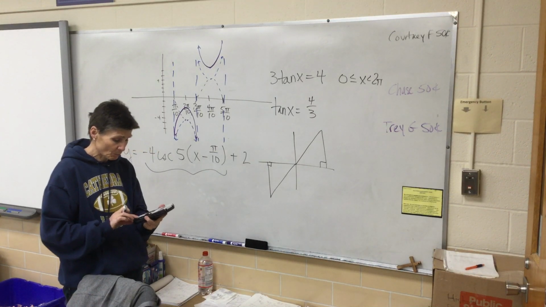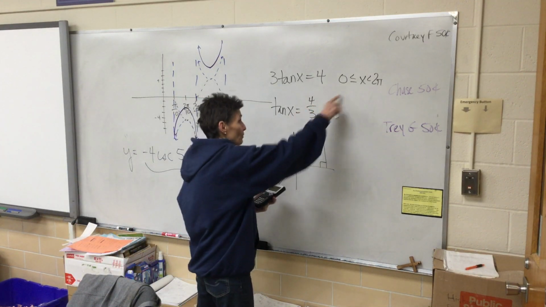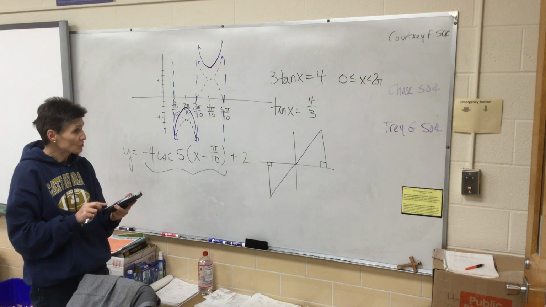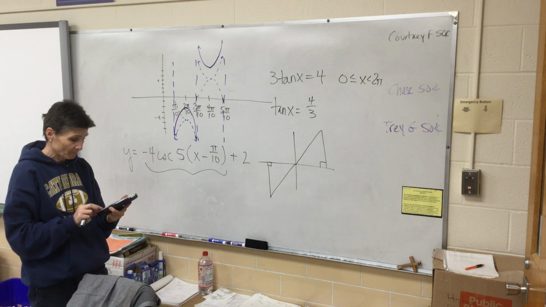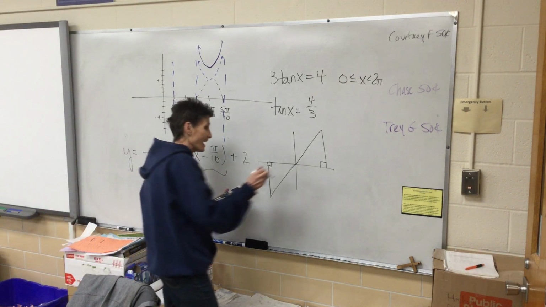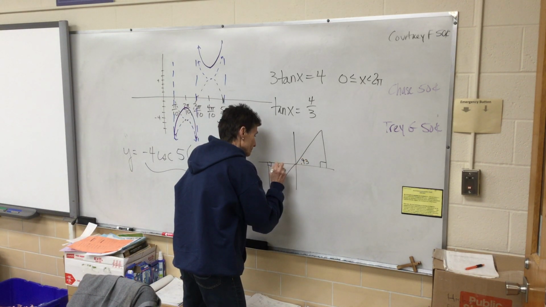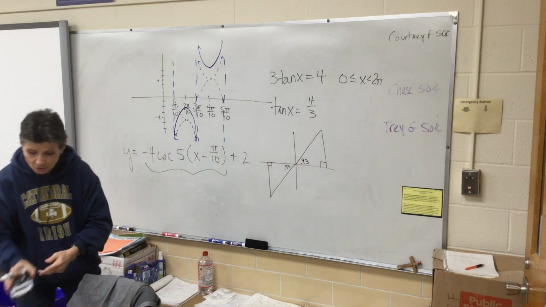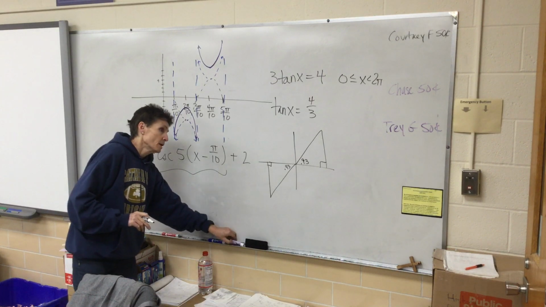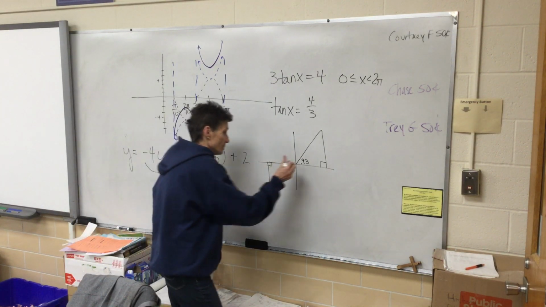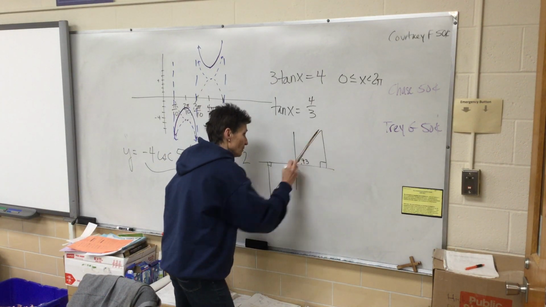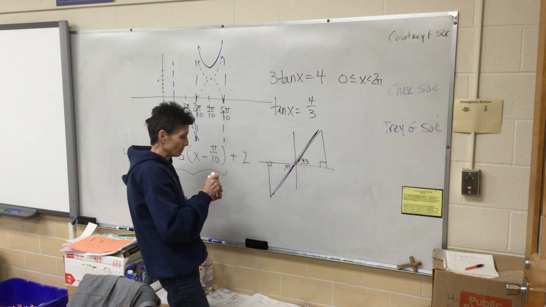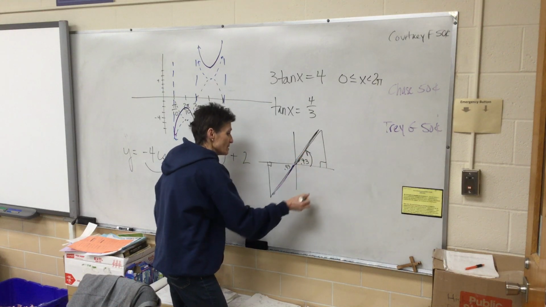So now I'm going to go to my calculator. I'm going to set myself in radian mode. Again, we're in radians. And I'm going to type inverse tangent of 4/3. 0.93. So the answers to the question are these two angles. This one right here, the black angle, and the purple angle. Those are the answers to the question. So the black one is 0.93.